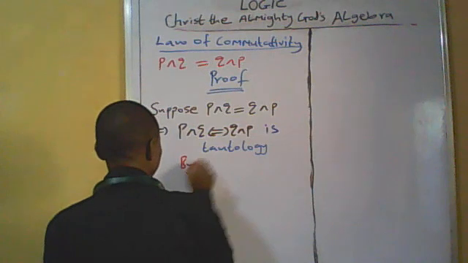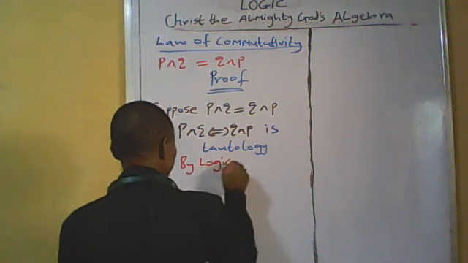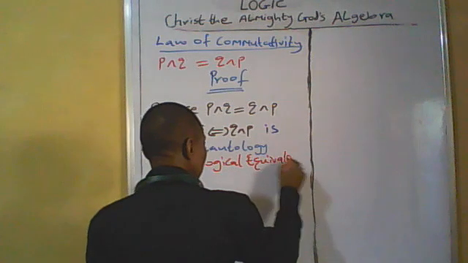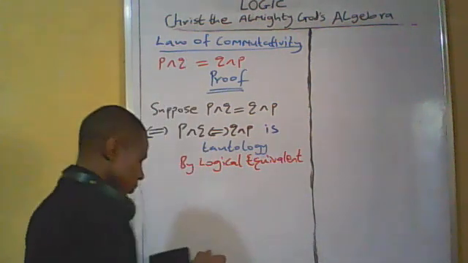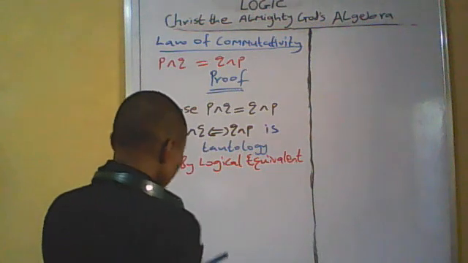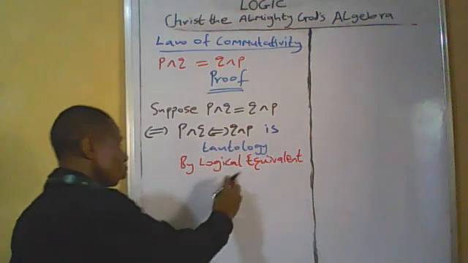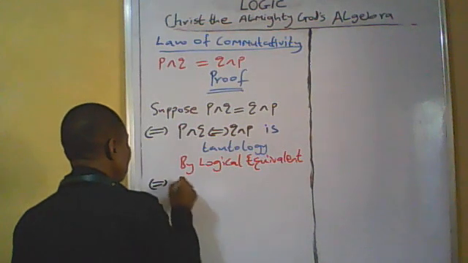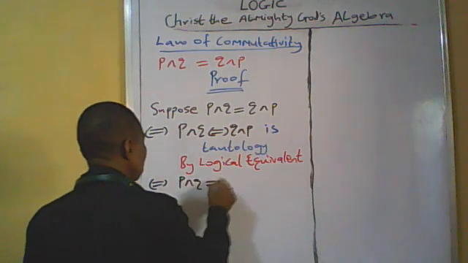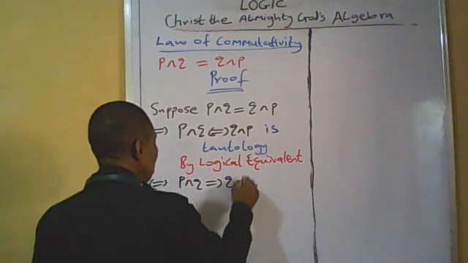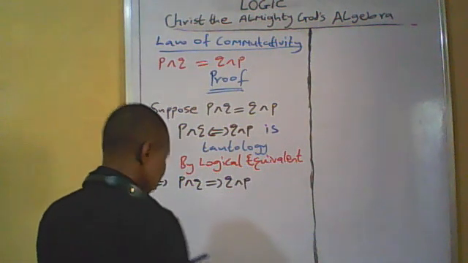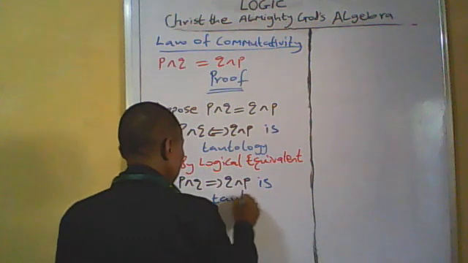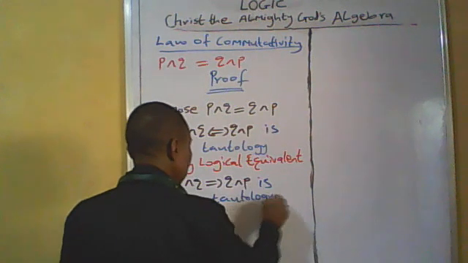Being justified by logical equivalence. Also, if this is true, this must also be true: P and Q implies Q and P is a tautology.